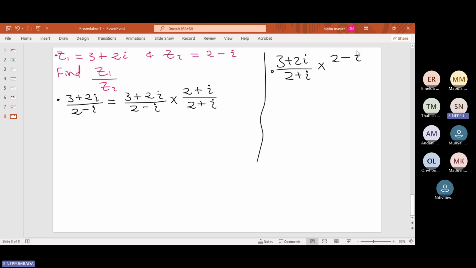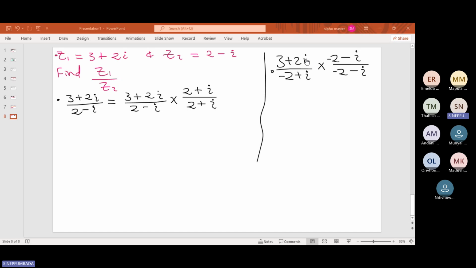It's just that we only change the sign for the imaginary number. Even if here it was negative, we don't change the sign for the real part. We only focus on the imaginary one. You are sorted?